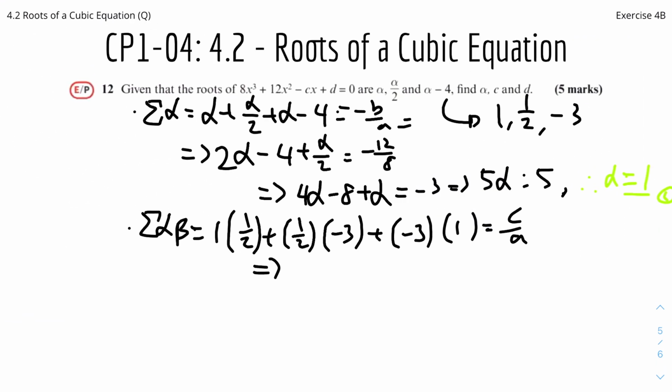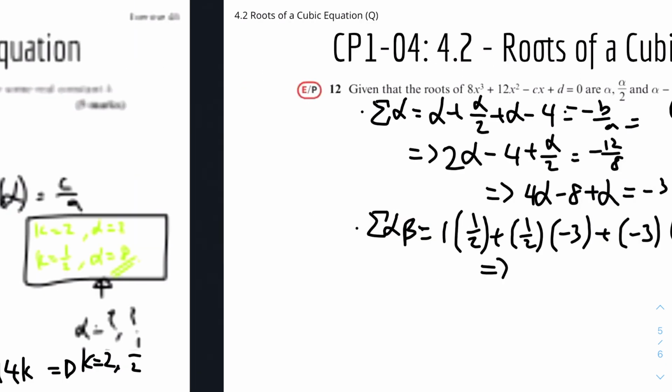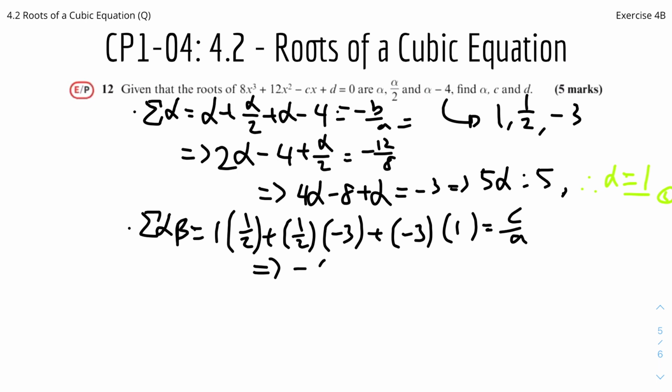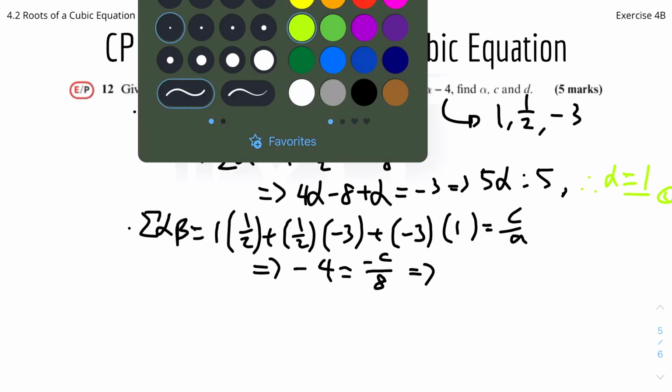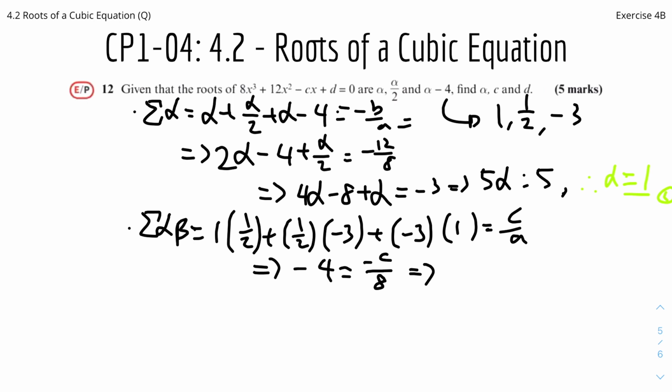And this gets us minus 4 equals minus c over 8, cancel the negative, and therefore c equals 4 times 8, which is 32. Therefore c equals 32, like so.